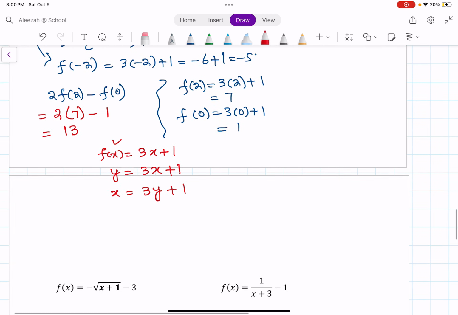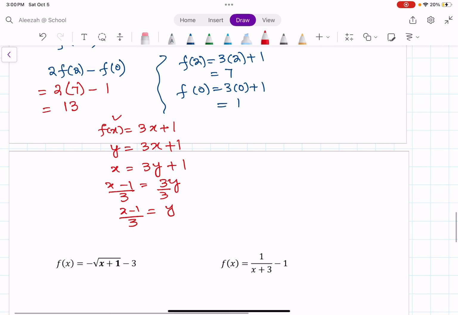And then we solve for y. So we can write it as x minus 1 equals 3y. Because I have to isolate y, I will divide both sides by 3. So I get y equals (x minus 1) over 3. And finally, because it's an inverse function, I will write f inverse of x equals (x minus 1) over 3.